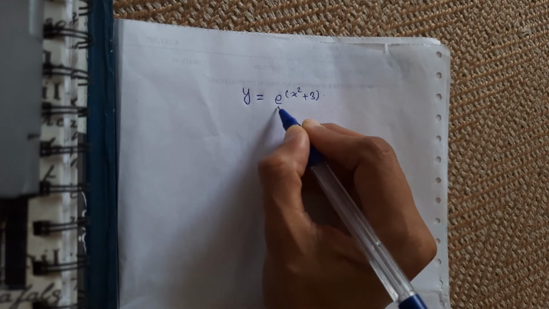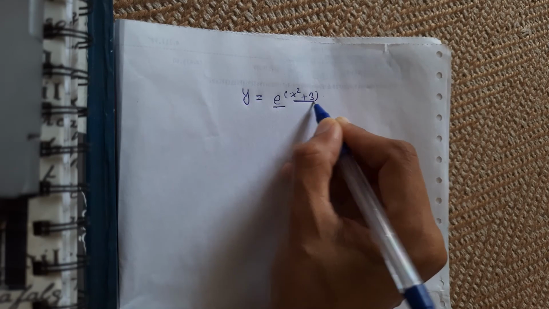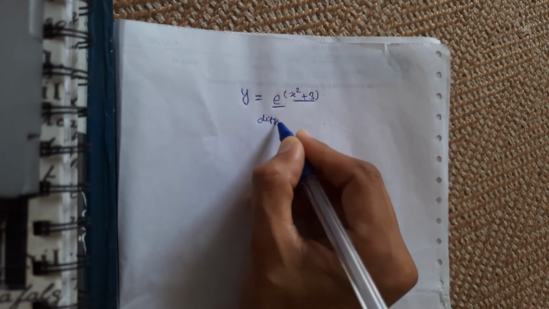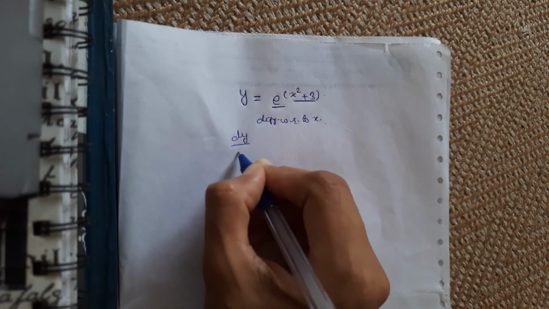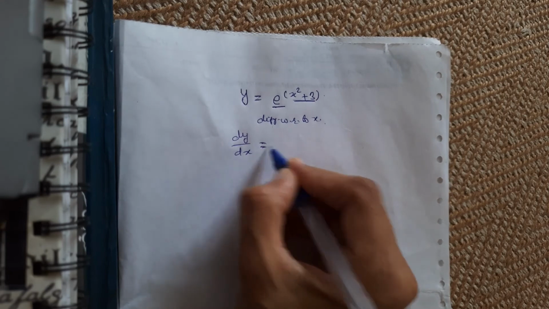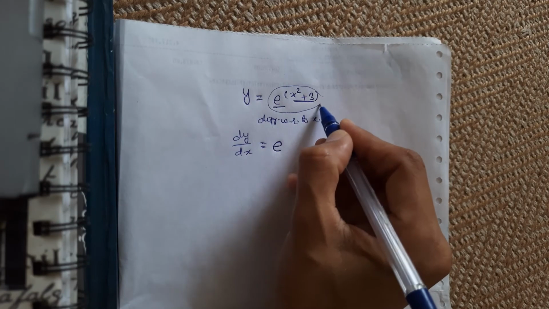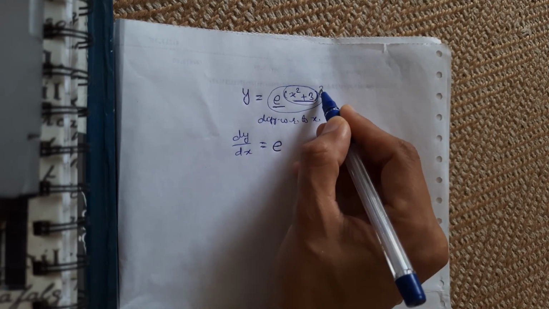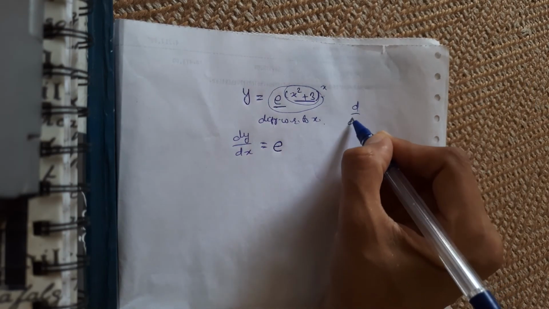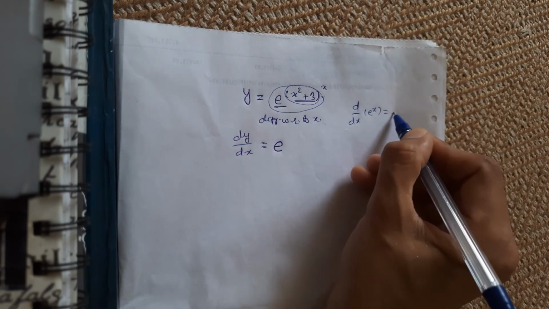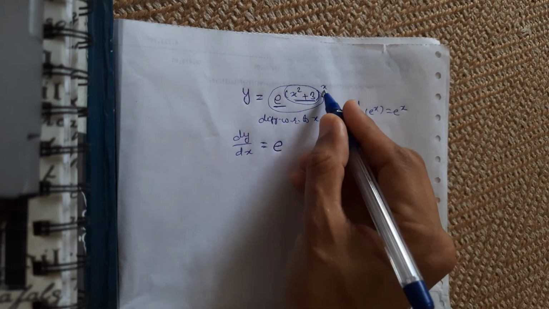So this is a composite function. Outer function is exponential and inner function is a polynomial one. So differentiate with respect to x. What will I get? dy by dx equal to e to the power, first of all, what is the derivative of the exponential function? Consider this whole term as x. So derivative of e to the power x is e to the power x, as it is.